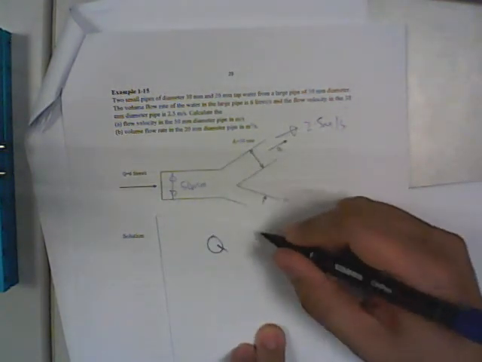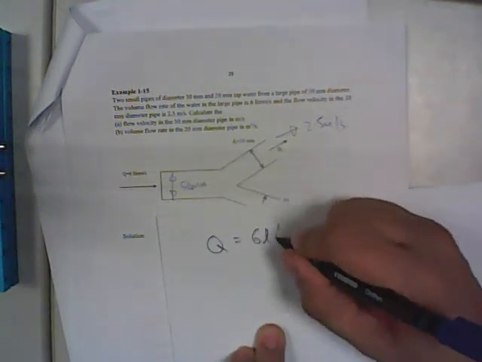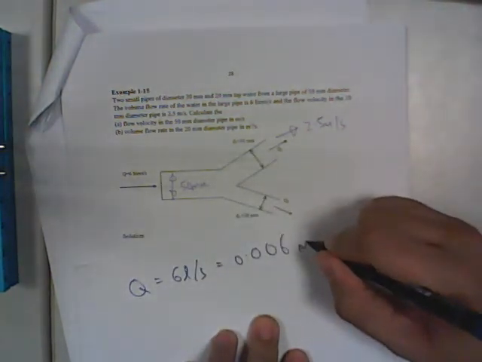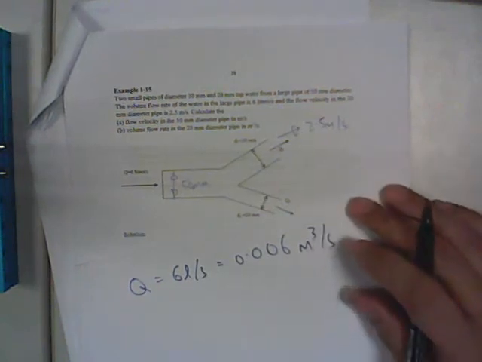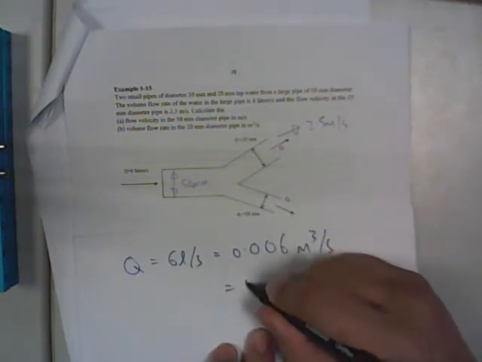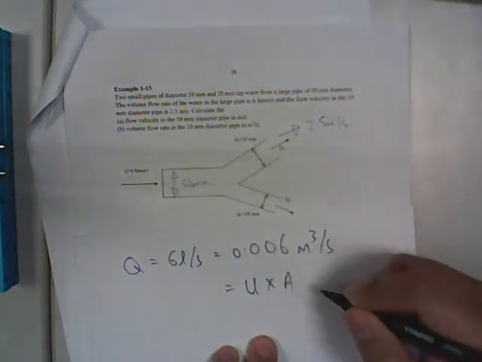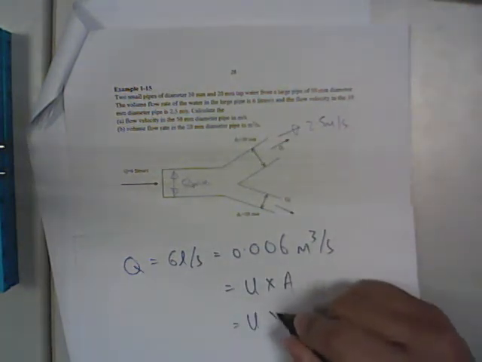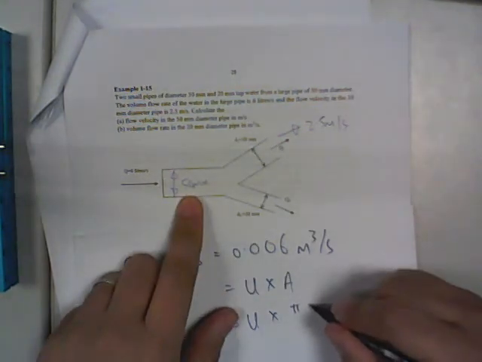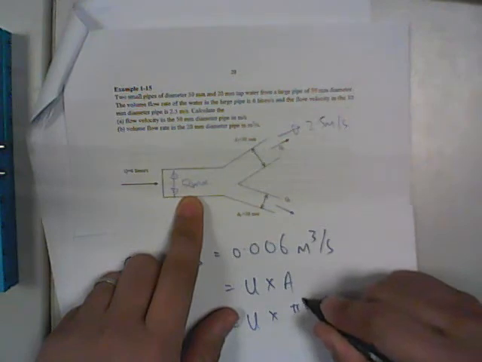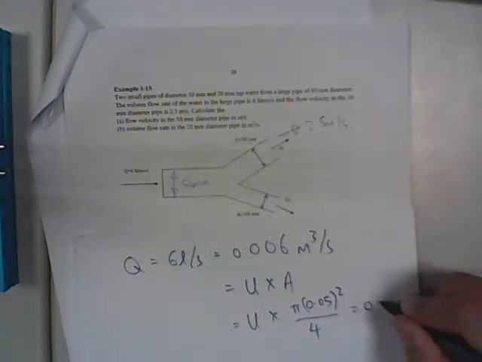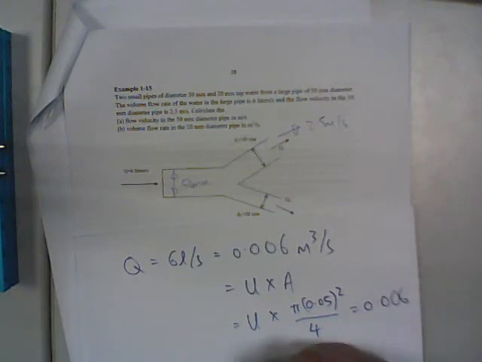Because I have Q, 6 liters per second, divided by 1000, I get 0.006 meter cube per second. This equals U times A. U I don't know, but A I can find. Pi, diameter is 50, so it's 0.05, pi d square over 4, equals 0.006.